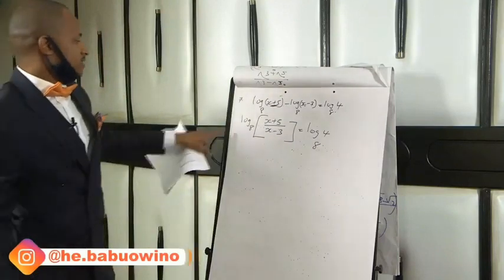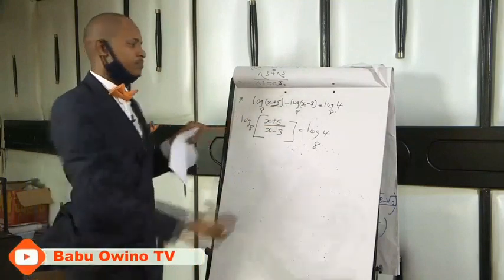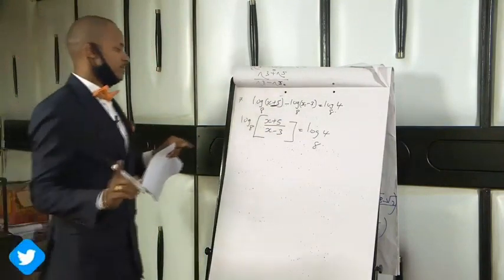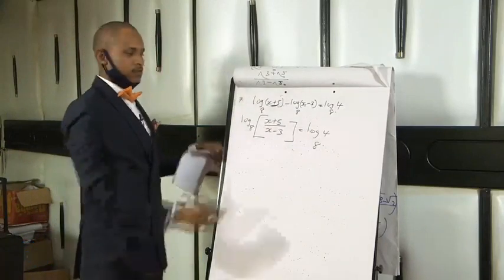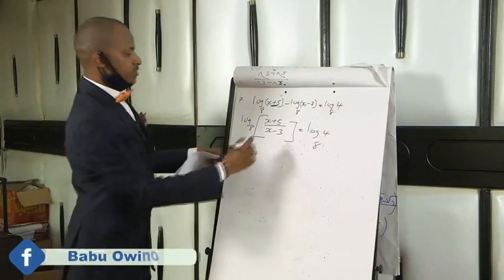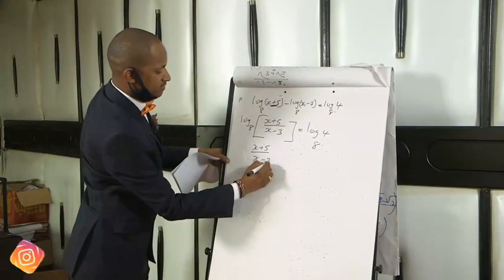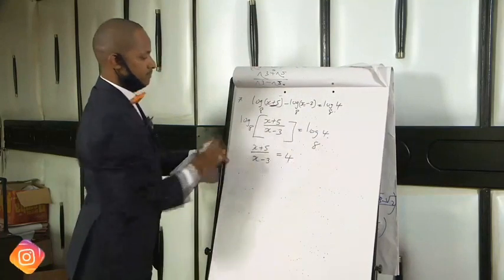Then in mathematics, the logs to the same base will drop. Don't cancel them. Mathematically, if you cancel, it is not correct. You just drop them. When you drop them, you remain with x plus 5 divided by x minus 3 equals 4, because these are the same.